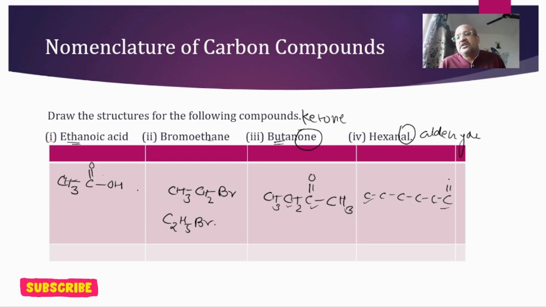So just write down this. And all the hydrogens you need to put on this to fulfill the tetravalency. Put all the hydrogens here and you will see that the tetravalency meets. So this is how hexanal has been written.